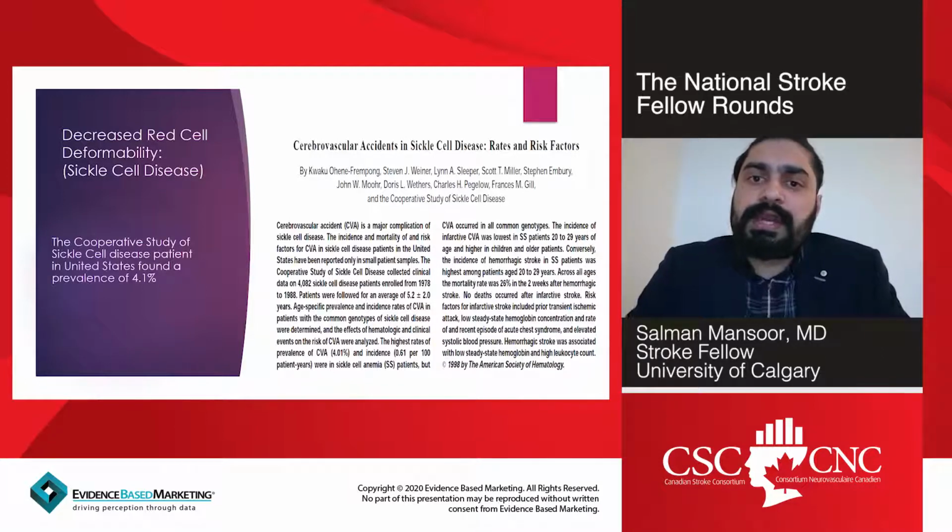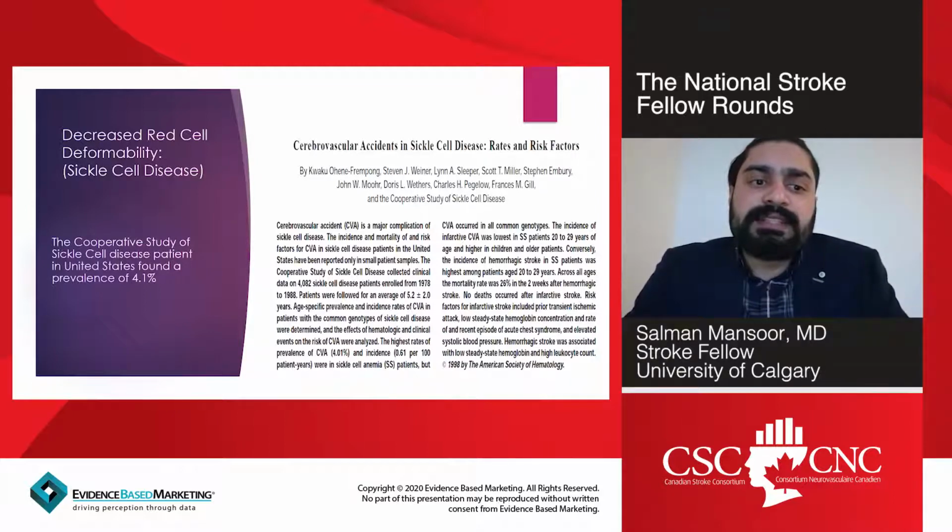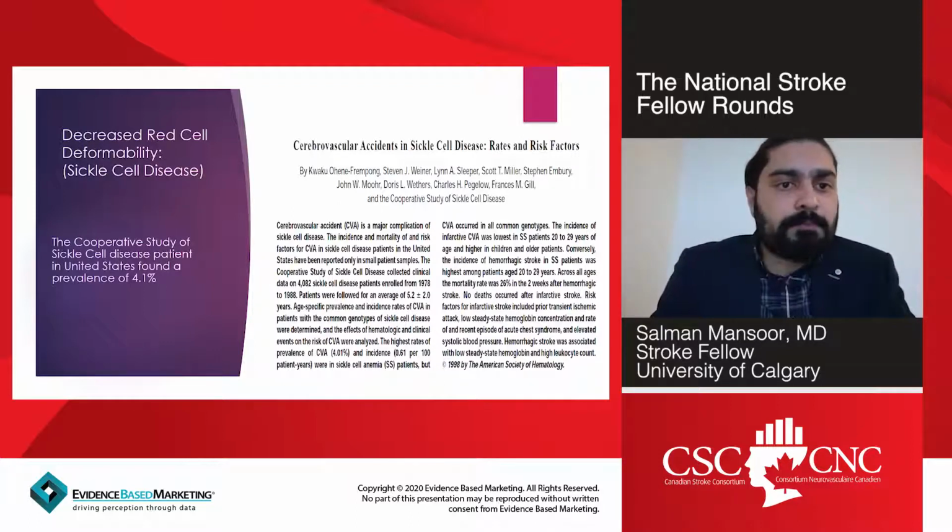This was looking at cerebrovascular accidents in sickle cell disease, the rates and the risk factors. In the cooperative study, what they found out was that the sickle cell disease trait had a prevalence of 4.1% for stroke and TIA, or major or minor cerebrovascular accidents.